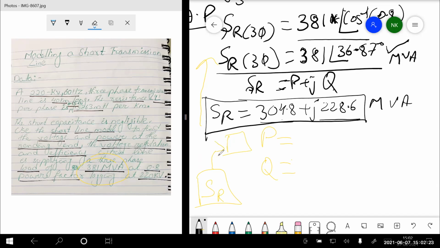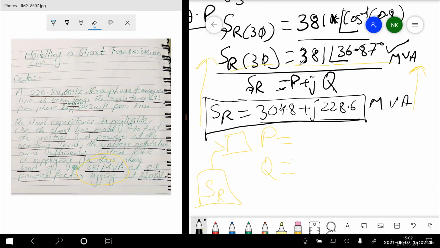Fine. And in the question, this angle has been given, whatever the angle, that is your power factor. By using these two, whenever you find this apparent power, you will get a magnitude and angle, right?